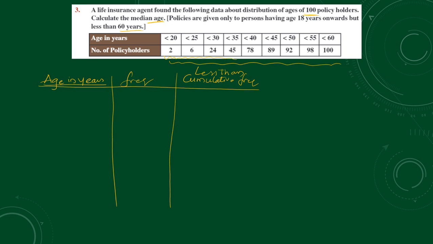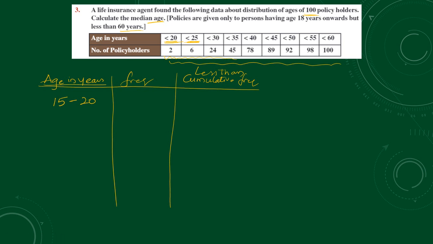So less than 20 means below 20. If you observe the difference between these two values, the difference is 5. That means we need to maintain the class height as 5.